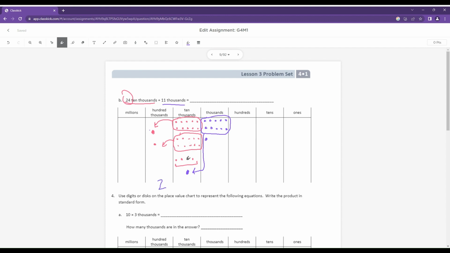I have a total of 5 here in my 10,000s. 1, 2, 3, 4, and this one makes 5. 4 from the original one, and then I regrouped 10,000s over for a 10,000. And I have just 1,000, no hundreds, no tens, no ones. Here is my number in standard form. 251,000. And we would just end it there because there's no hundreds, tens, or ones.